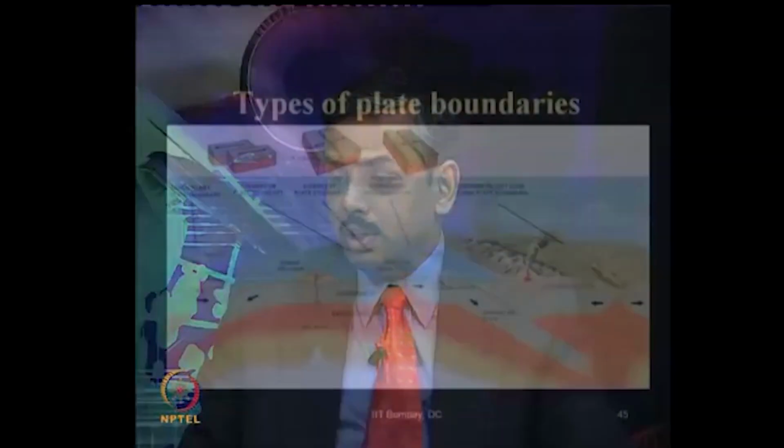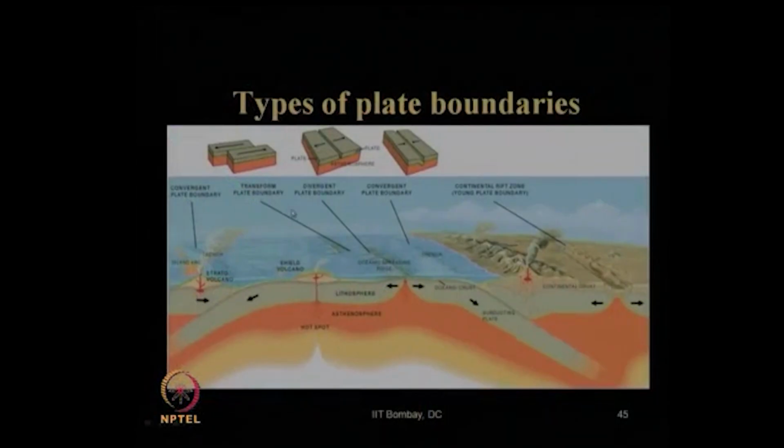So, that is why in this picture, as you have seen, there can be divergent plate boundary, convergent plate boundary and transform plate boundary. And if you look here, this divergent plate boundary will create this lava eruption or volcanic eruption. Even the convergent plate boundary also can create volcanic eruption here.